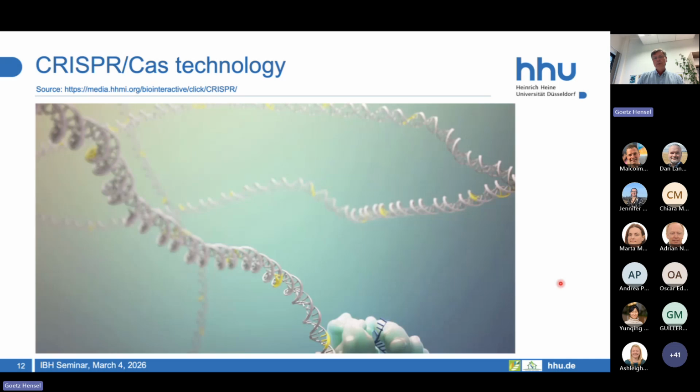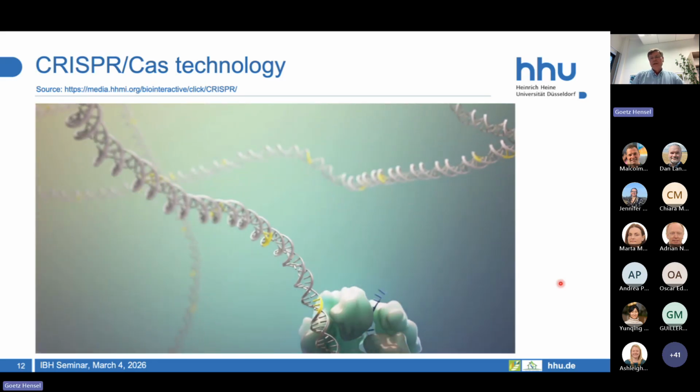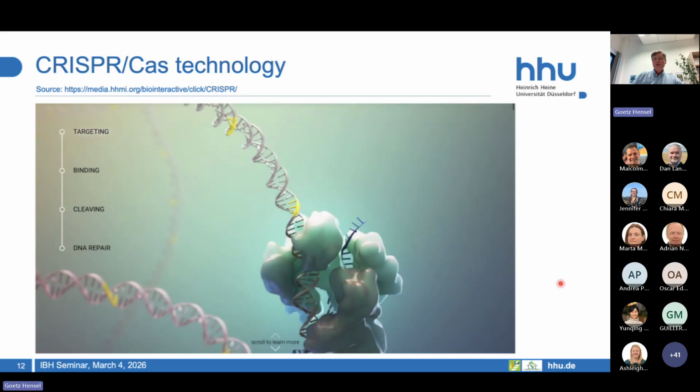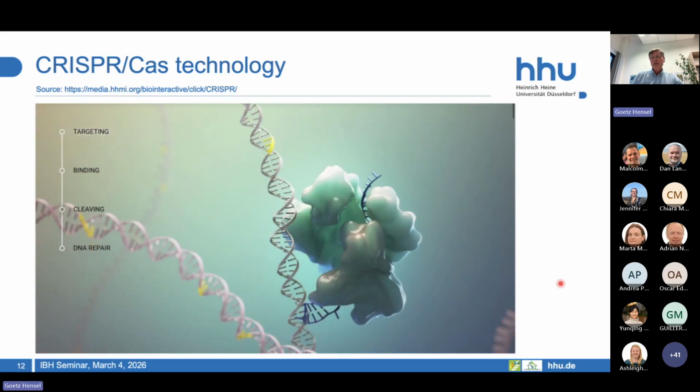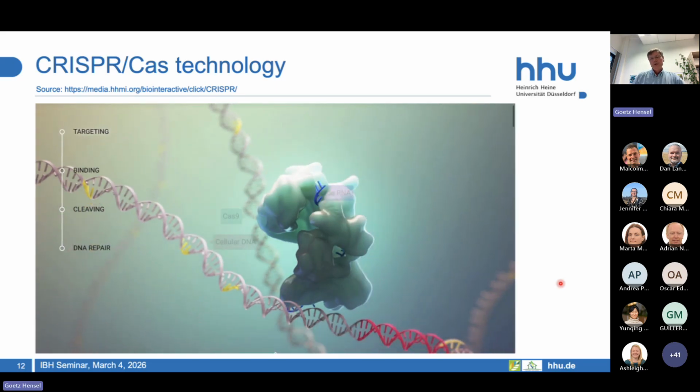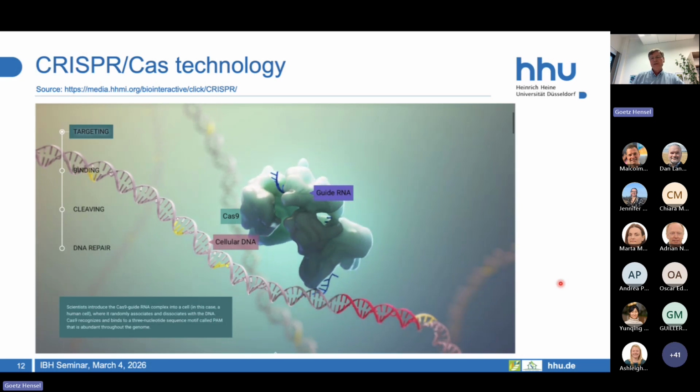So the take-home message here is that they are all derived from bacterial immune systems, and there are two components, one which is necessary for the navigation within the genome, and the other one is just a simple, unspecific scissor.